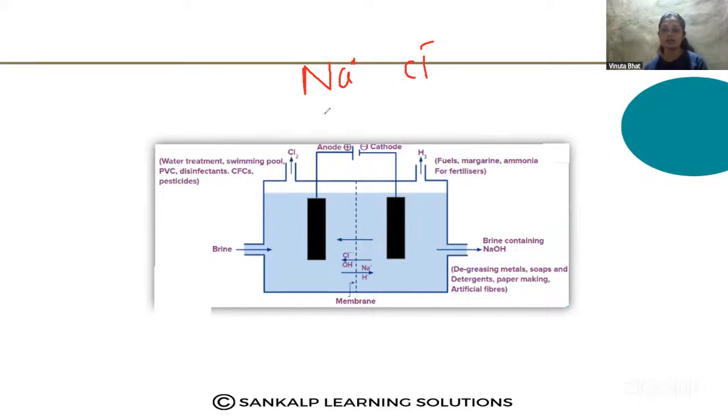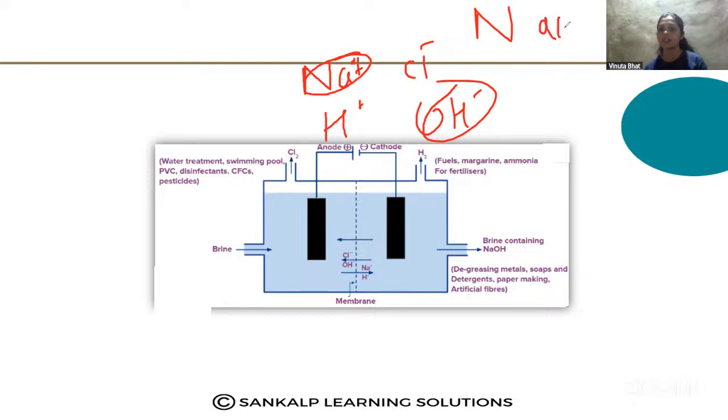And water splits into H plus and OH minus ions. Here the Na plus and OH minus ions combine to form NaOH, sodium hydroxide, right?